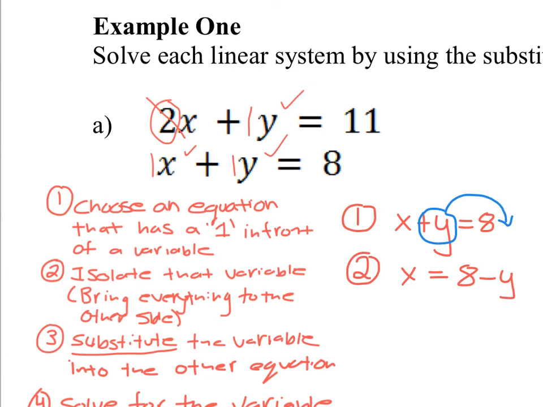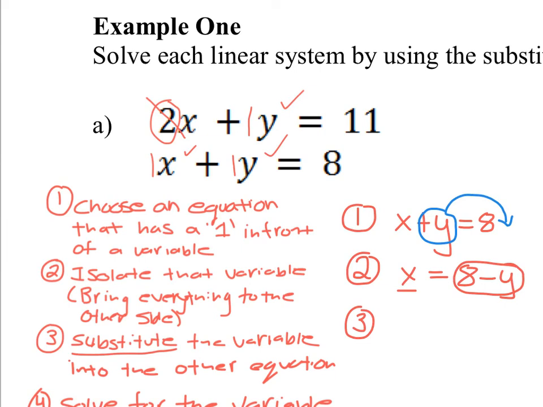Now I know what x is. x is 8 minus y. If I understood what y was, if I was given it, then I'd be able to actually solve what the numerical value of x is, but x is 8 minus y. Now step number 3 is the important part, and it's a little bit confusing for us. It's taking the equation that we didn't use and subbing in or replacing the variable that we solved for.